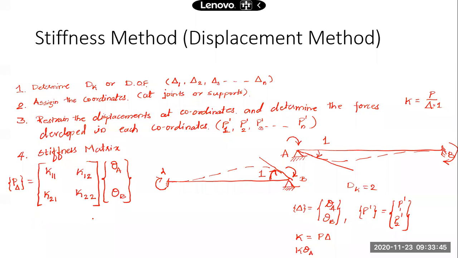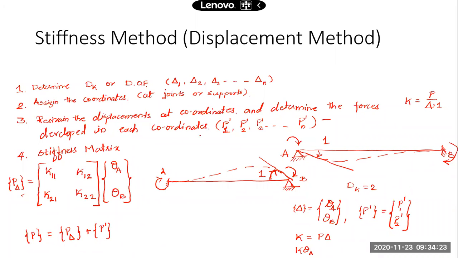Now we are going to apply the condition of equilibrium. At A, when you add up all the forces, it should come out to zero, or it should come out to whatever the external force is applied over here. So net force at A will be the sum of this P dash and this P delta. I can write the equilibrium condition as: the net force in any coordinate, P, will be equal to P delta, the forces due to the displacements at the coordinate, plus the forces due to the applied loads, that is P dash.